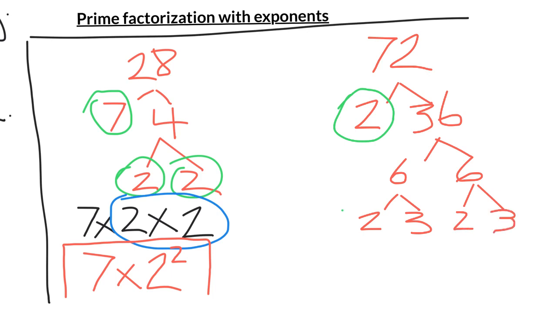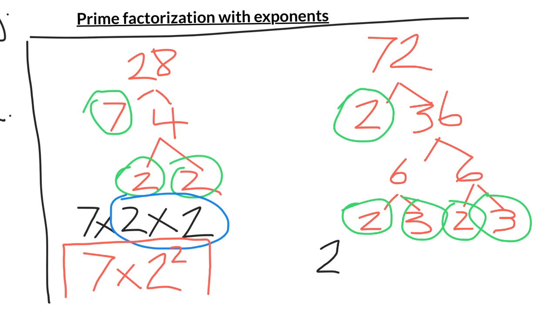And look at here, we have our prime numbers at the end. So a couple days ago, we would have written this final answer as 2 times 2 times 3 times 2 times 3.